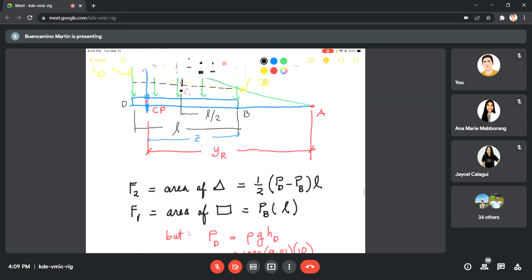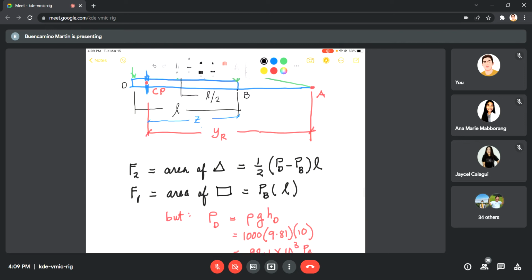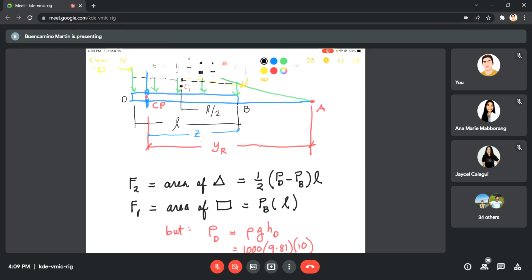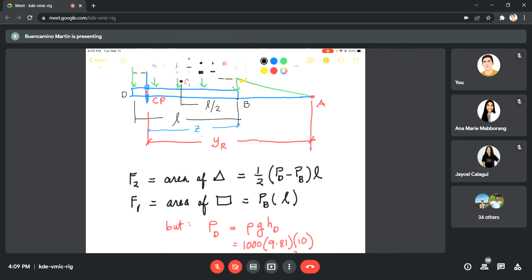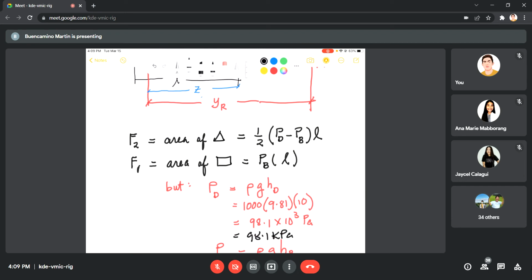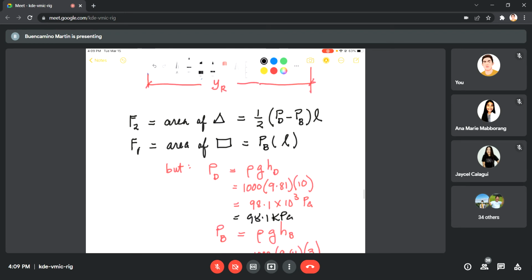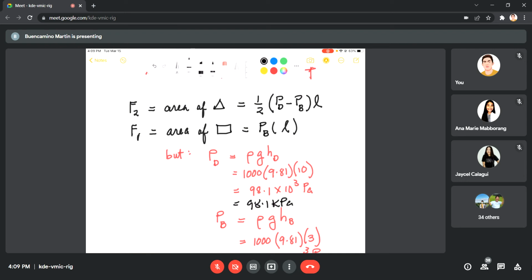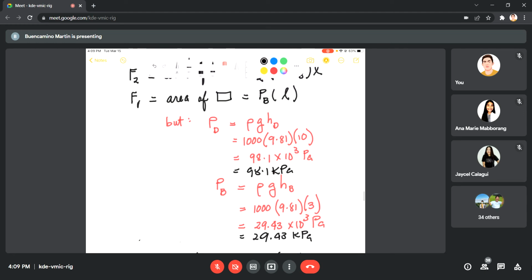But pressure at D, which is a function of depth, is equal to rho g times h sub D, or this is equal to 1,000 times 9.81 times 10. Kasi yun yung depth niya. Or this is now equal to 98.1 kilopascal. And the pressure at B, which is also a function of h sub B, is equal to 1,000 times 9.81 times 3. And this is equal to 29.43 kilopascal now.